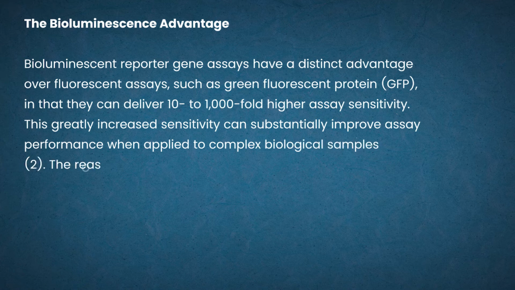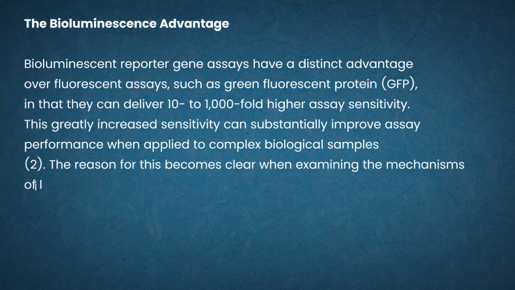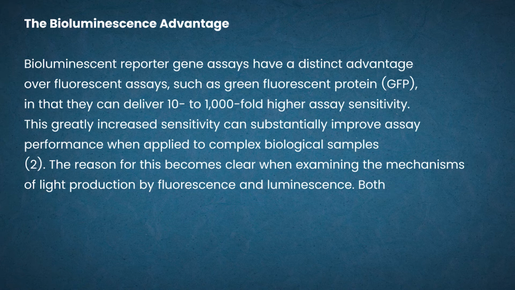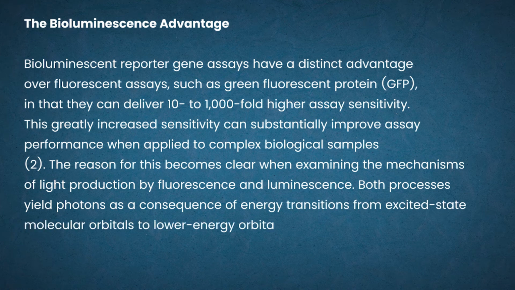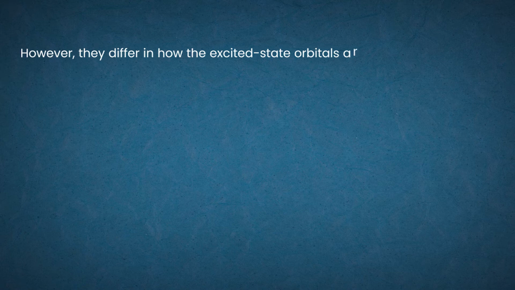The reason for this becomes clear when you examine the mechanism of light produced by fluorescence and luminescence. Both processes yield photons as a consequence of energy transition from an excited molecular state to lower energy orbitals. However, they differ in how the excited state orbitals are created.